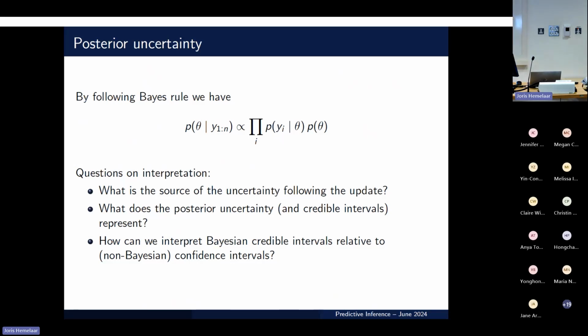But what's the source of the uncertainty after the update? I've got a prior, maybe it's bell-shaped or normally distributed. I see some data, and it now looks normally distributed. But what's the source of that uncertainty? And how do we interpret Bayesian credible intervals of uncertainty, and how do they relate to confidence intervals? And this is what we're going to go after using what's called a predictive viewpoint.